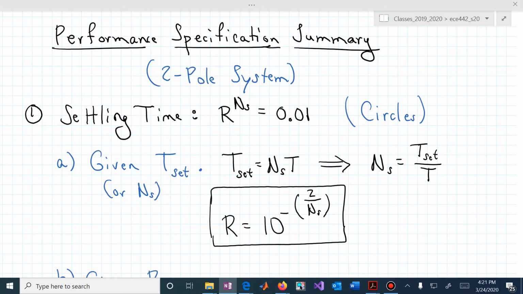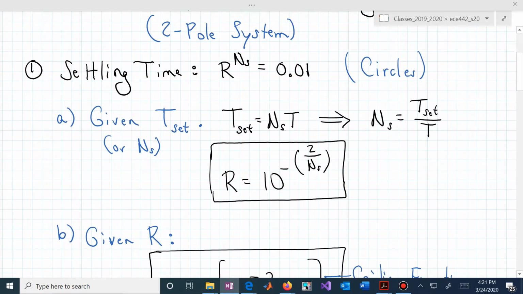If we have a settling time specification, then that corresponds to circles in the Z-plane, and this 1% settling time gives us the relationship: the radius r raised to the power n sub s, where n sub s is the number of steps to get to the 1% value in this exponential decay.